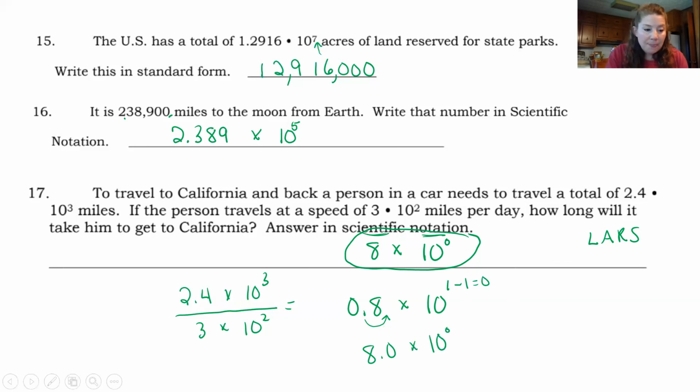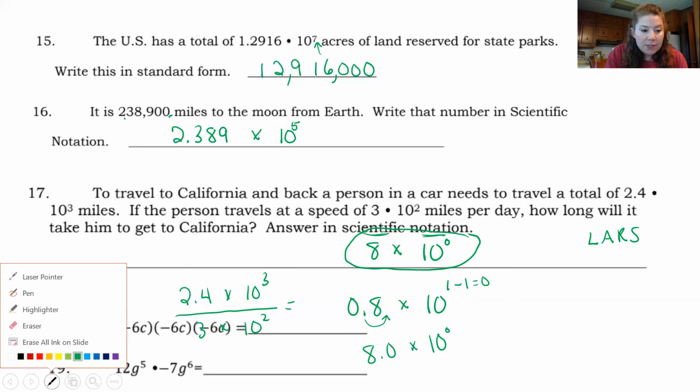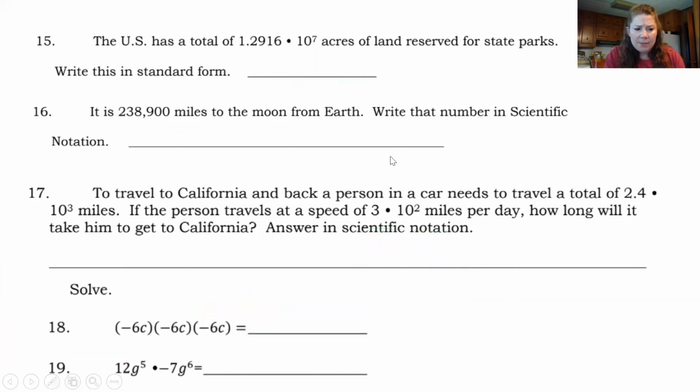Okie dokie. All right, moving on. Oh, there's a couple more on this page. All right, number 18, since we have 3 exact expressions being multiplied together, we're going to leave that in parentheses, and our exponent is a 3. Okay. Oh, and they wanted to solve it.